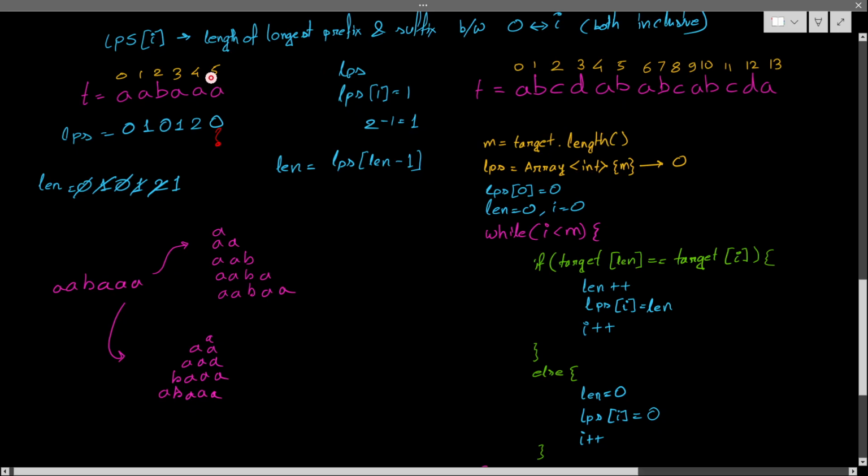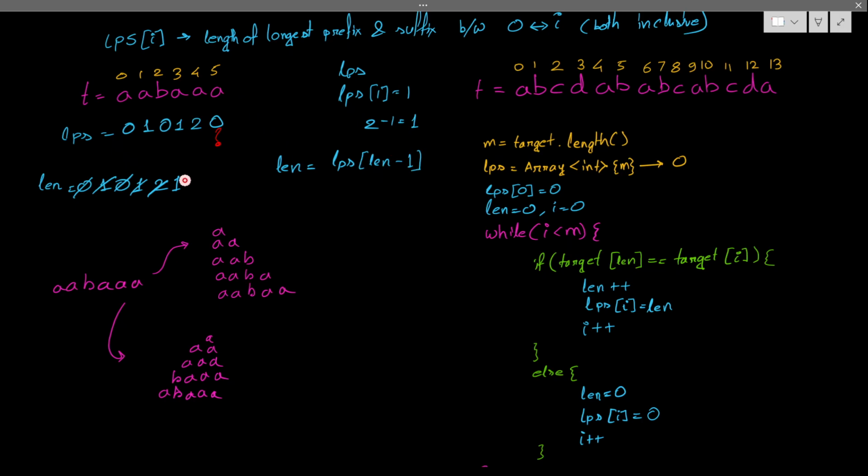I have to check the previous index where the last length was matching. Currently length 2 was matching. Whenever length 1 is matching, whichever index is present, I have to compare with that index. Index 1 is present, so I have to compare with the first index. Length will be 1 right now. Okay, fine. So this is what we have to do.